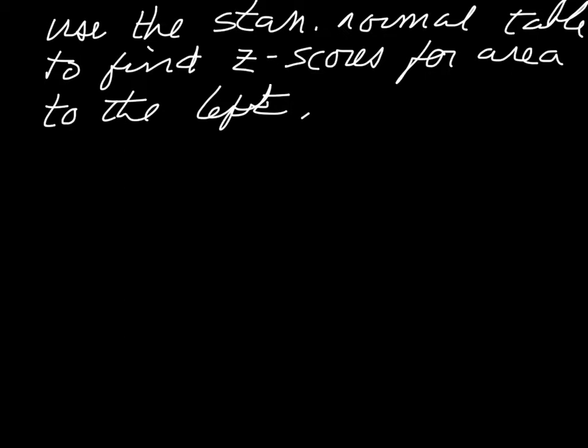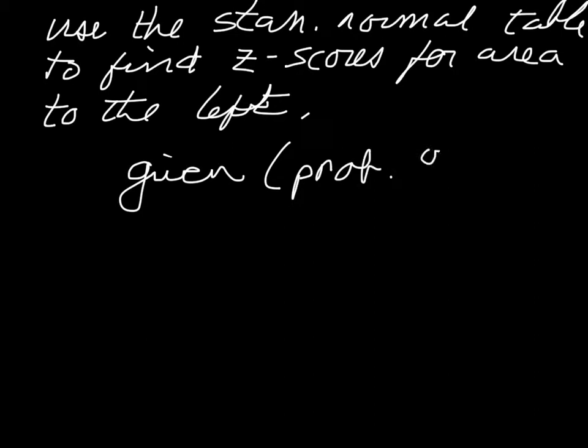In this case, we're looking at how to use the standard normal table to find z-scores for areas to the left. We're given a probability or percentage, and we want to find the z-score that corresponds to that.